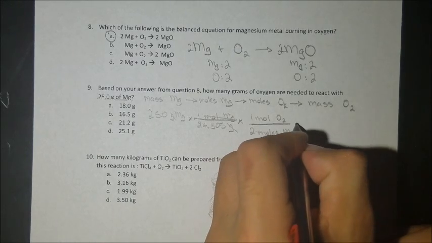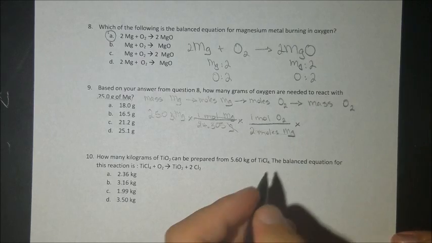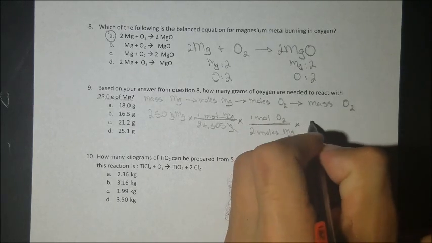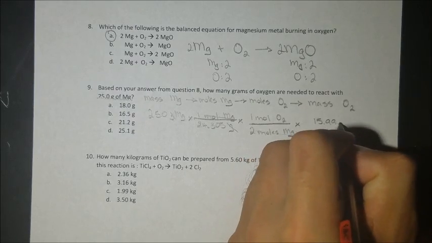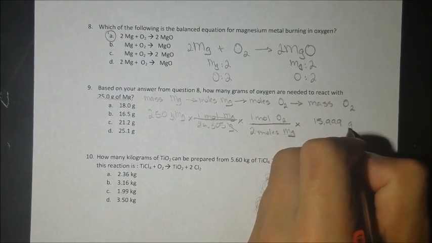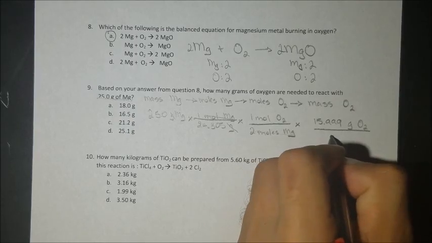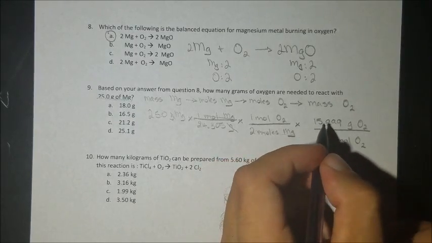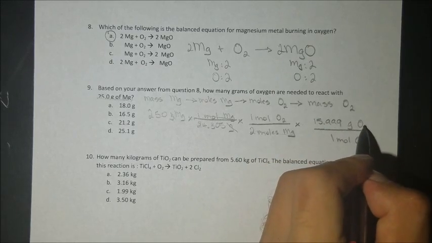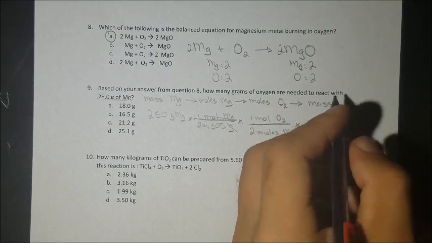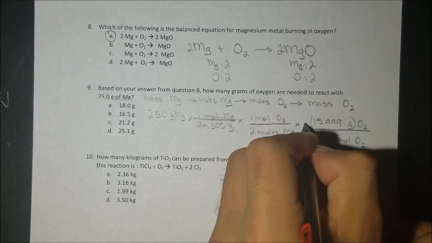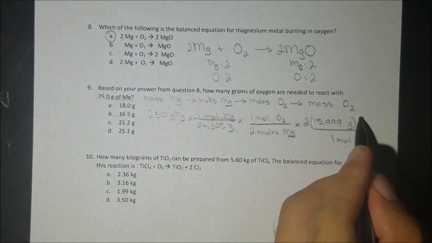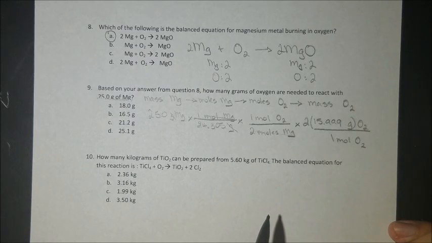Now we can visit the periodic table once again and figure out what the mass of oxygen is that corresponds to that number of moles. And we go 15.999. This is just from the periodic table, grams of O2 in a mole of O2. Okay, and I'm going to come back here and remember that I've got O2 here, and so because of that I have to have twice that mass, because there's 2 moles of oxygen in 1 mole of O2.